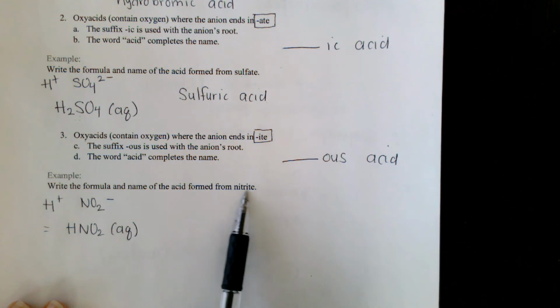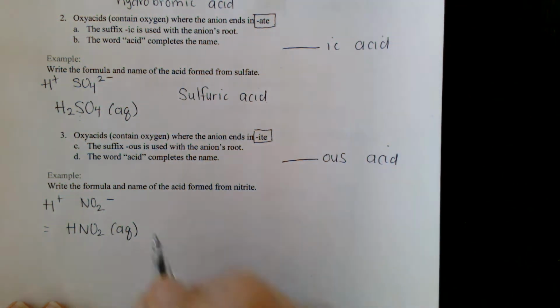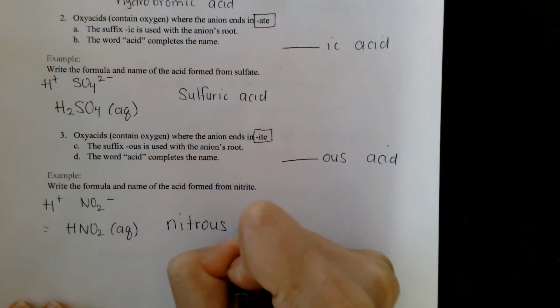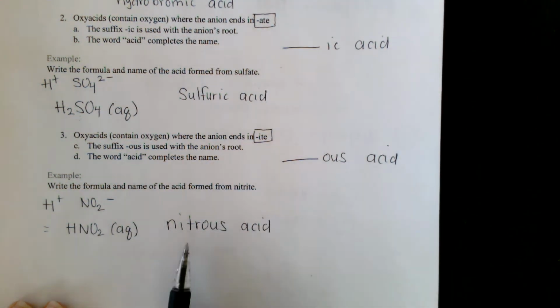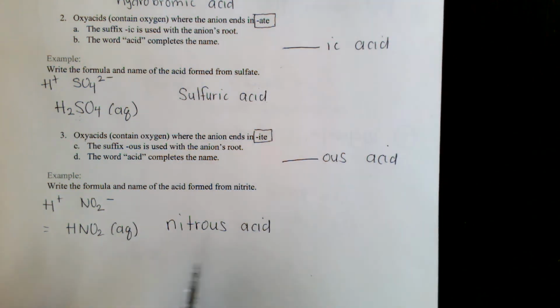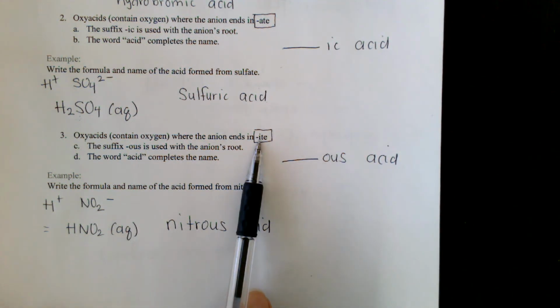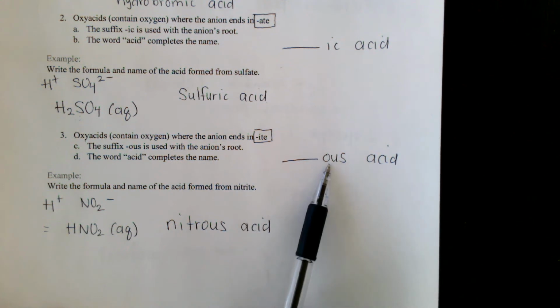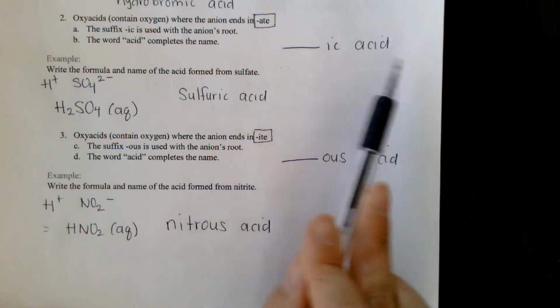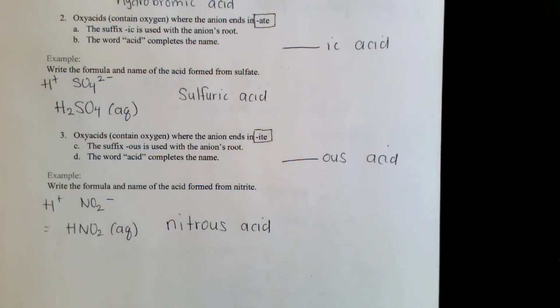So we're going to have nitrous acid. So we had the root that we put in here, the us ending with acid. So the ite polyatomic ions get the us ending for the acid. The ates get the ic for the acid there.